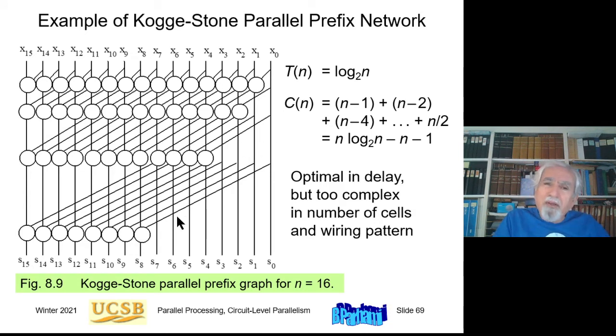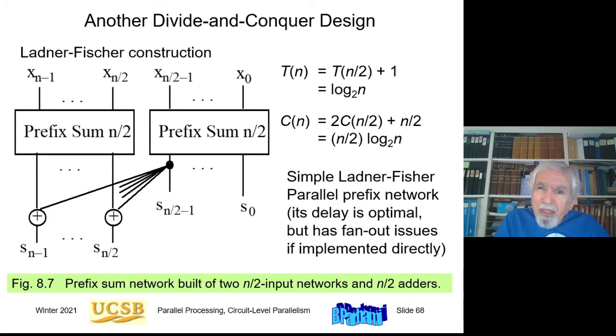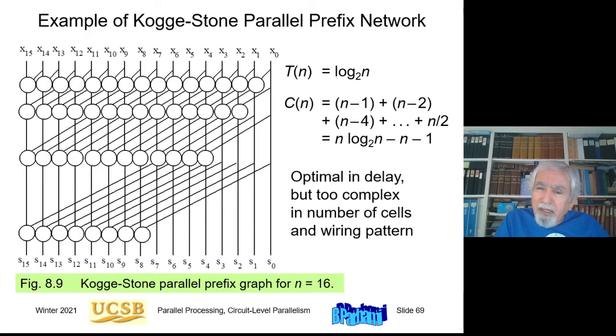Therefore, there's no fan-out problem. But the complexity is now more. Whereas I had (n/2) log n, here I have n log n, almost double the cost. The latency is still log2 n, which is the fastest possible.